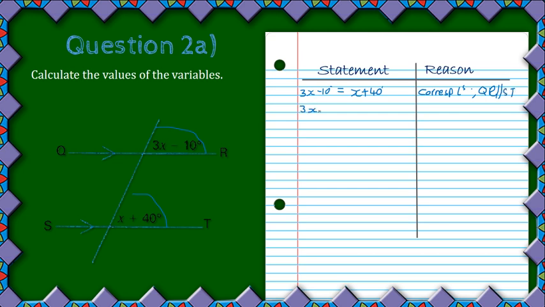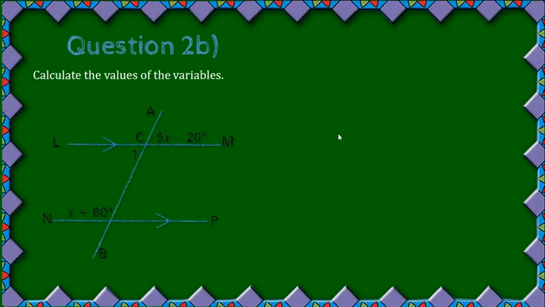So 3x minus x is equal to 40 degrees plus 10 degrees. So this is then 2x equal to 50 degrees. So divide both sides by 2 and we get x is equal to 25 degrees. So that's our answer. Now for question 2b.